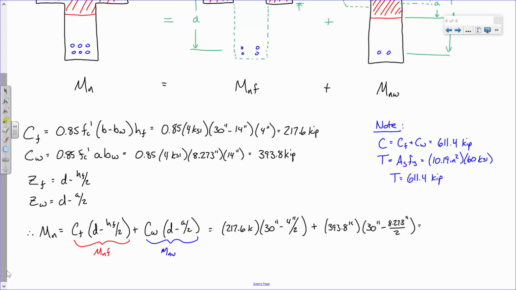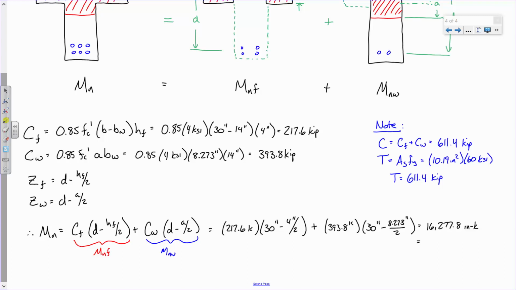I got it. 16,277.8 inch kips. Right? Have a second on that?